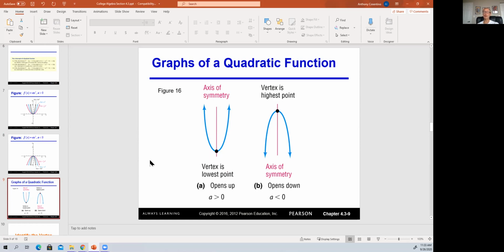What we mean by symmetry is that if you move one point to the right or one point to the left of the axis of symmetry, the y values are going to be the same. And it's very helpful when we do the sketches. Remember, the axis of symmetry is going to be an equation of a line, and the equation of a vertical line is x equals the vertex.